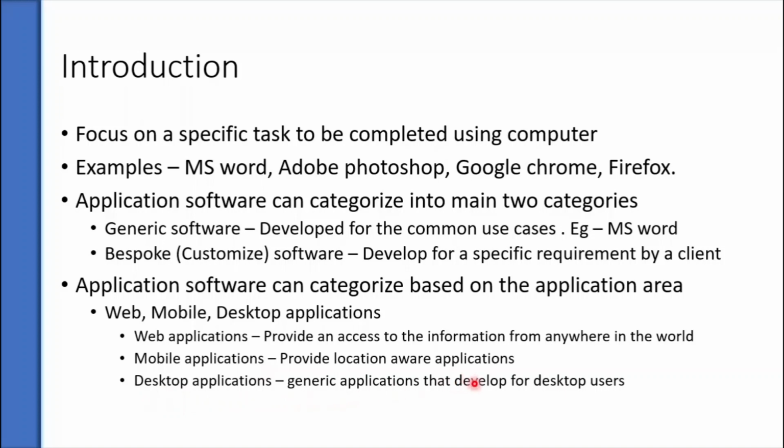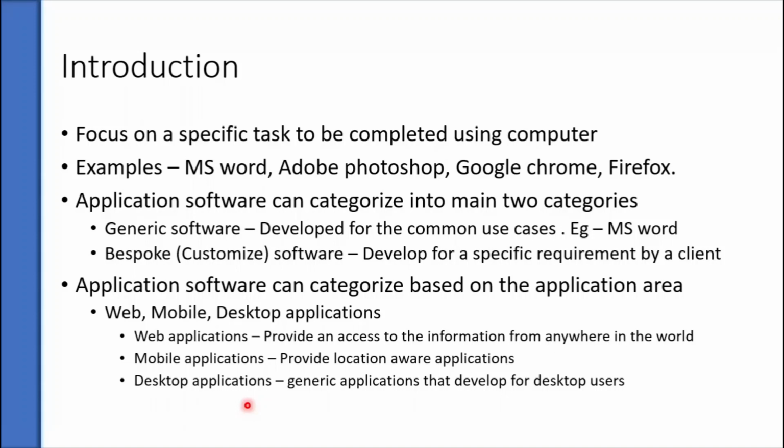Desktop applications are the generic applications developed for desktop users commonly, like applications that require high processing in your computer, or require a large screen, or the commonly used day-to-day applications.